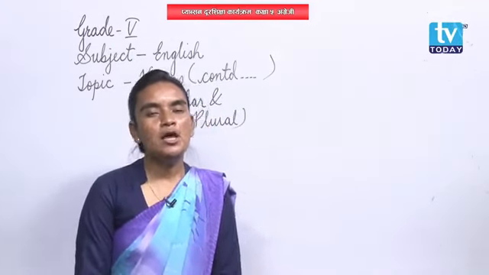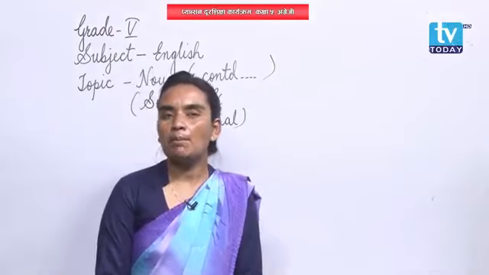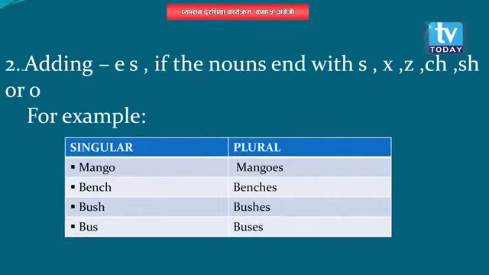Now dear children, we are going to talk about the second rule. You can have a look at the slide. What could be the second rule to transform singular into plural form? Listen to it carefully children, or you can make a note of it as well.